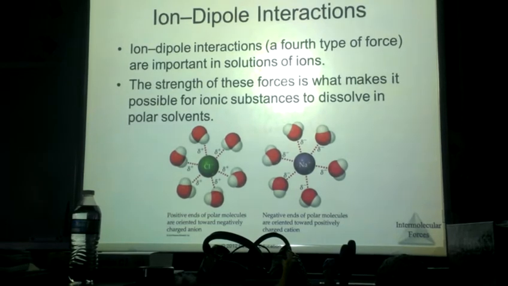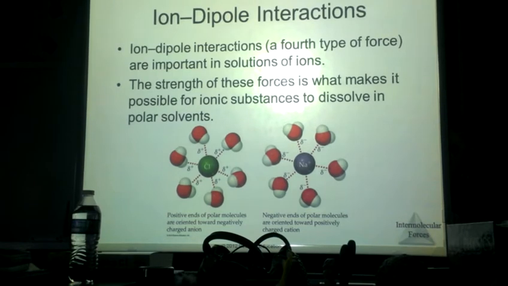Let's say, for example, that I add salt into water. The salt is originally in a crystal. So I have a lattice that's going into water, and that crystal lattice is going to break apart. And it breaks apart because the partial positive and partial negative ends in the water permanent dipole are strong enough that they can overcome the Coulombic attraction and that ionic bond that's holding sodium and chlorine together.